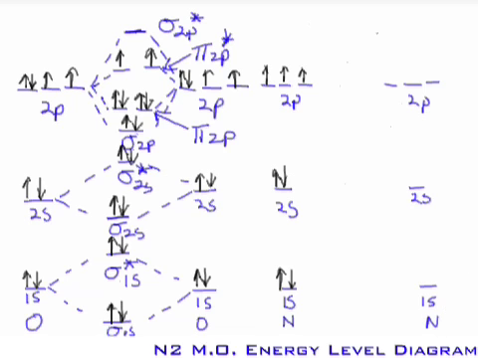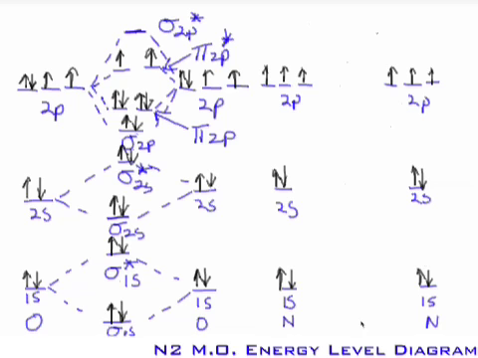The sigma 2p, the sigma star 2p. The pi 2p, the pi star 2p. But there is a slight difference in the case of nitrogen, carbon, boron. What is that?